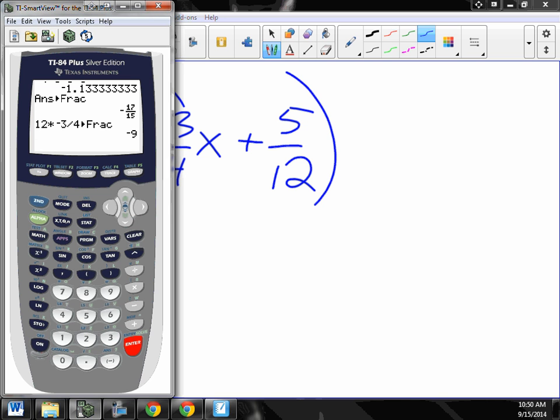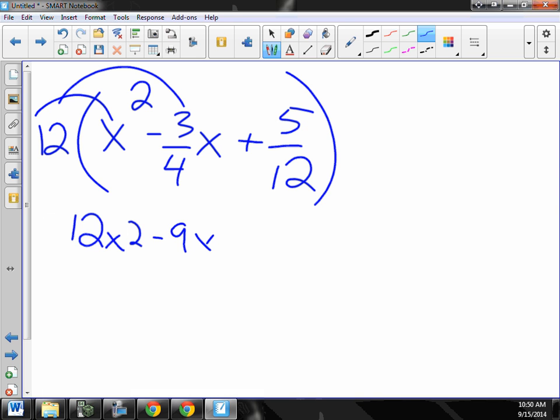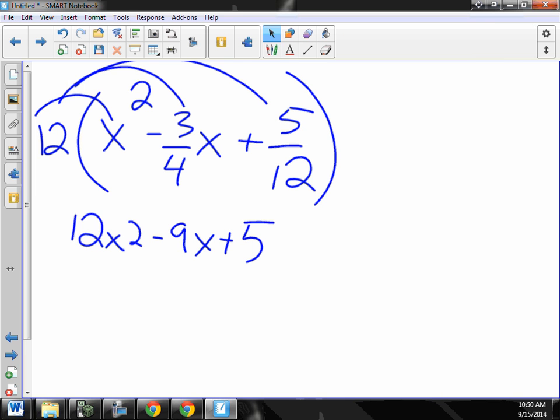I didn't need to do fraction, but. So this would be minus 9x, and what's 12 times 5/12? Just 5. Okay. So turn the paper over. The answers are there. You need to show your work to create quadratics for each of those. Good luck.